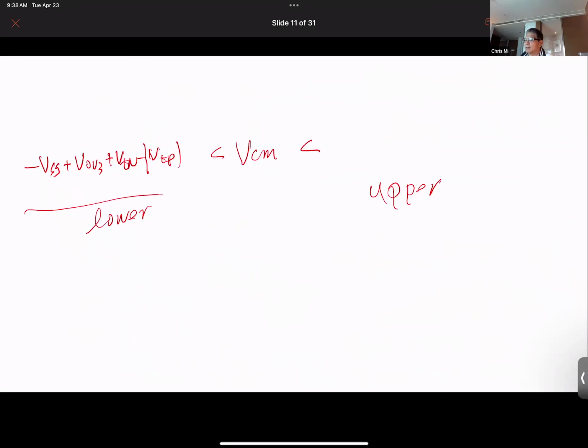So basically, we have VDD minus the absolute value of VOV5, minus the absolute value of VOV1 because they are PMOS, and then minus VTP.